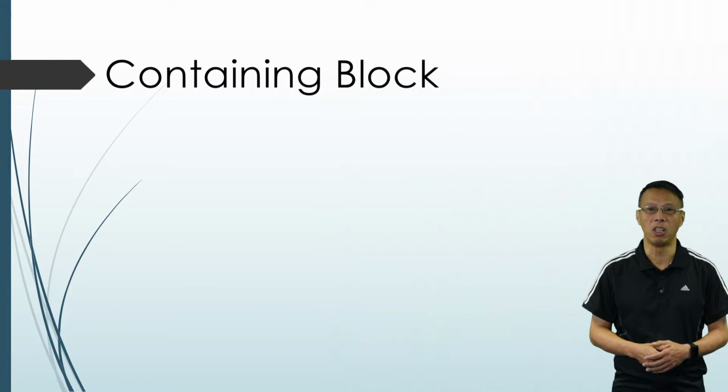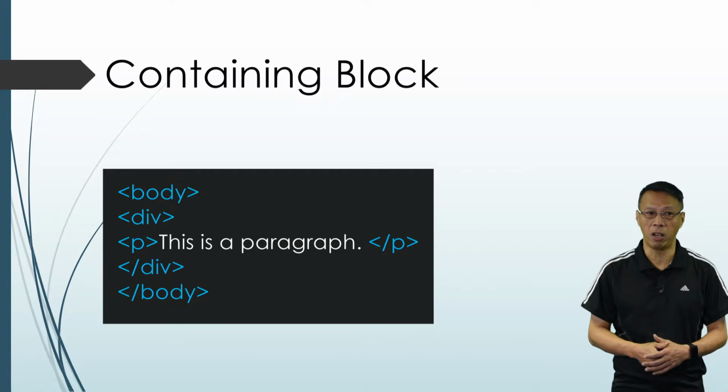Now first, we look into something called the containing block. The containing block is formed by the content edge of the nearest block-level, table cell, or inline-block ancestor box. The containing block for the P element is the div element.